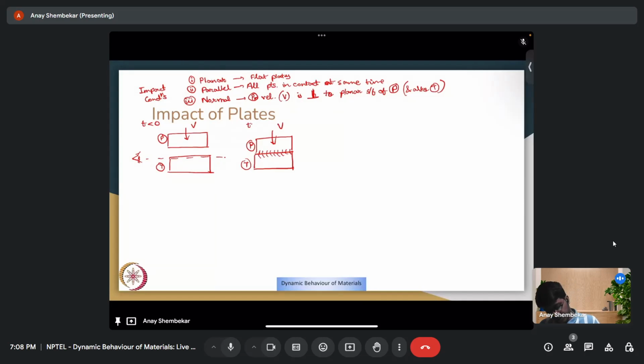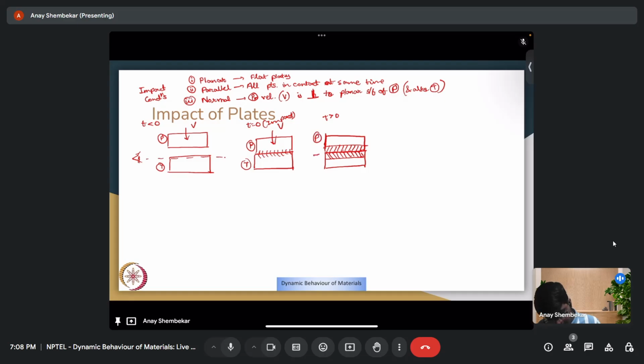And at t greater than 0, maybe the surface is slightly shifted downwards, and you have shock regions developed in both projectile and target.